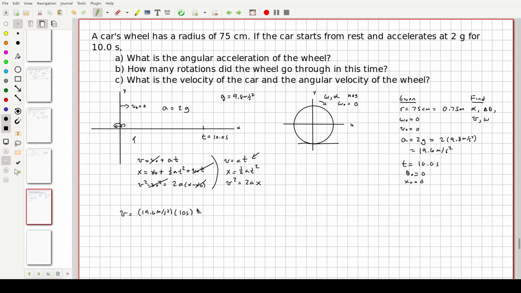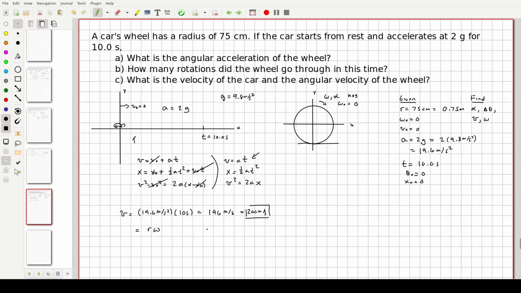So you put your numbers in. This is 196 meters per second. But we also know that this is the same thing as r times omega. So now we have our omega. So there's v.